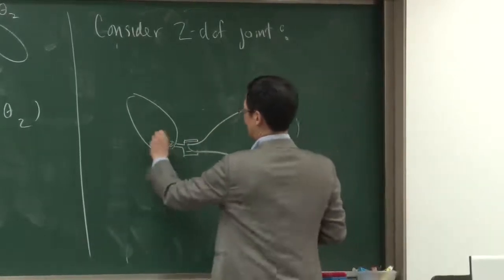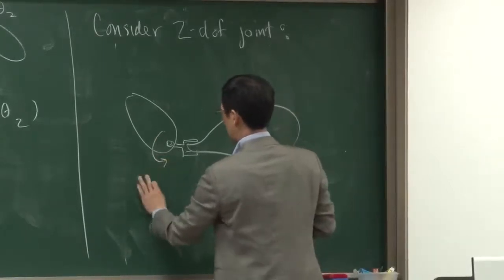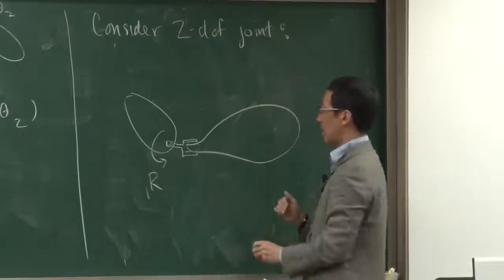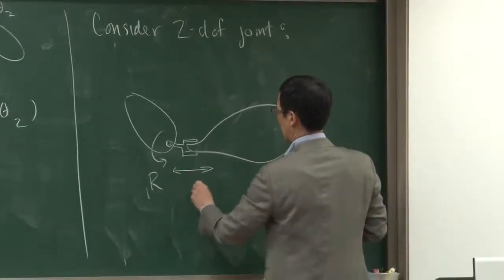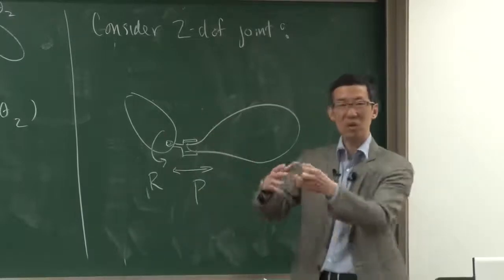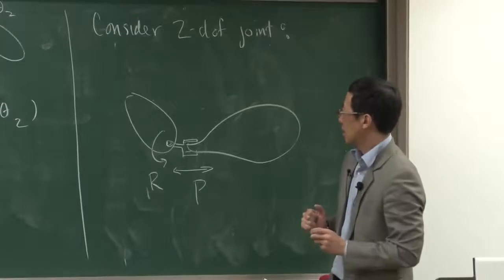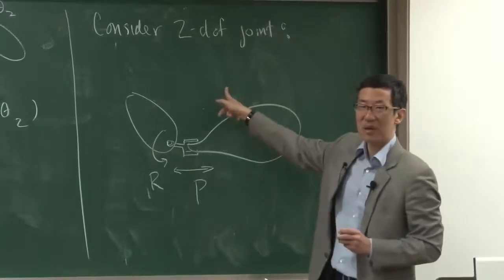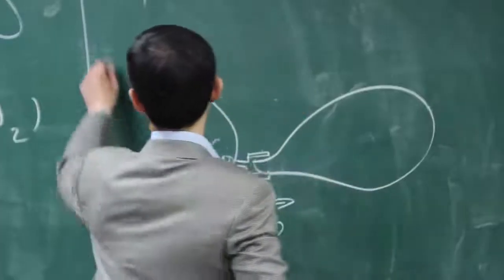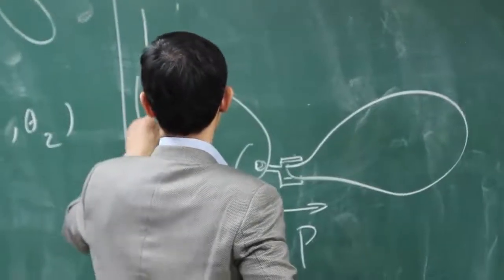Here we have a revolute joint, and we also have a sliding P joint. We're going to regard this as a single 2DOF RP joint. How many parameters are needed here? As before, we need x1, y1.